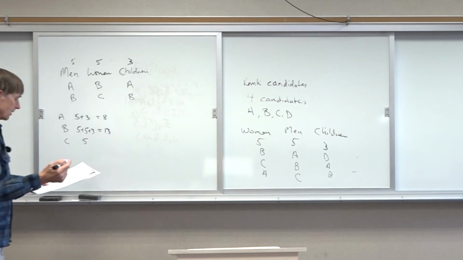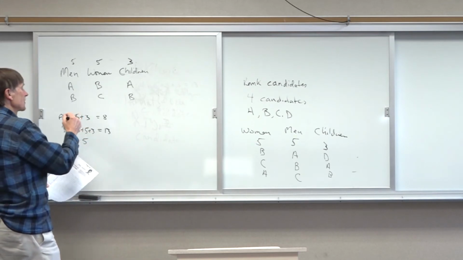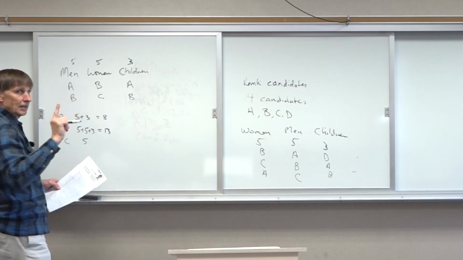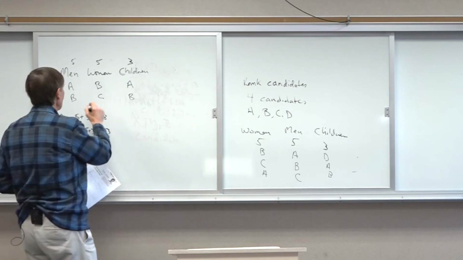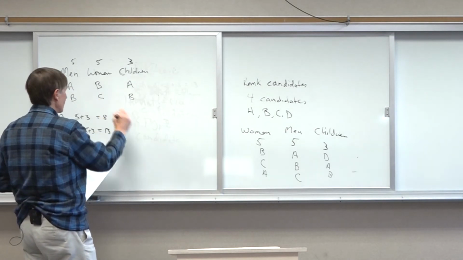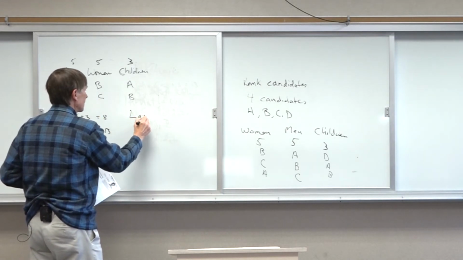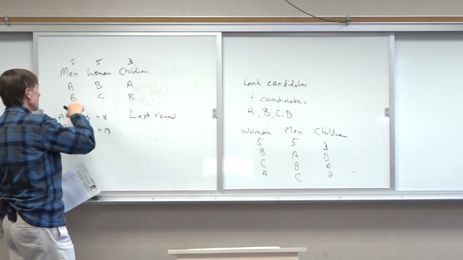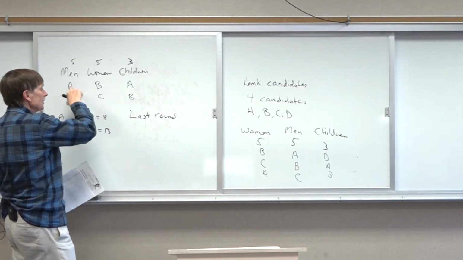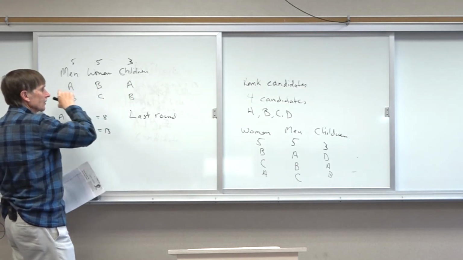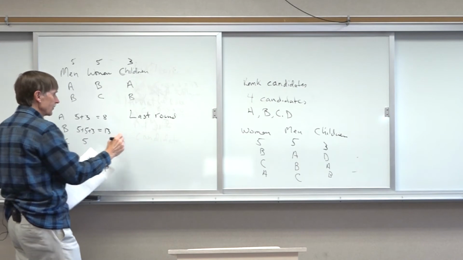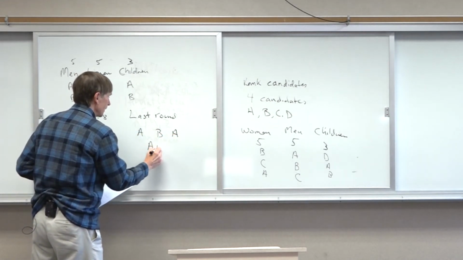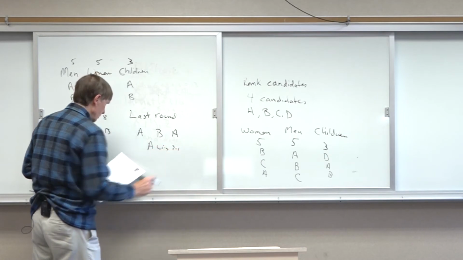So then what happens is, C's gone, and so now you only have one thing that you can vote for at the end, and so then the last round, A is going to be, it's going to be A, B, A, because that's their top one. So we have A, B, A, and A wins 2-1.